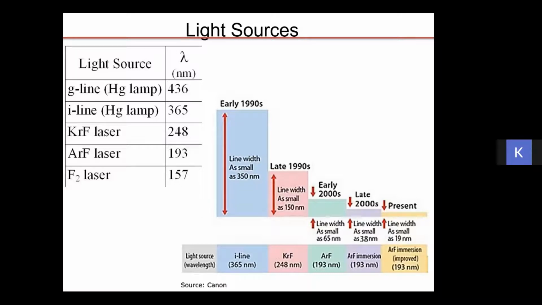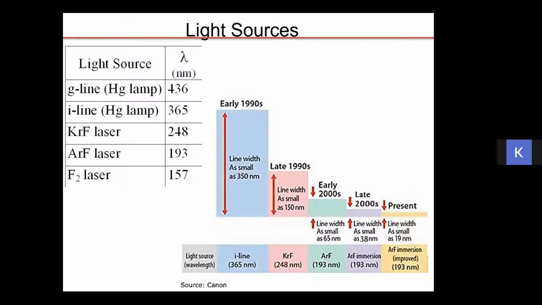Then KrF laser was used, which has a wavelength of 248 nanometer, and using the KrF laser in the late 90s, a line width as small as 150 nanometer was achieved. But obviously the semiconductor industry, as we have seen earlier, has gone down to more miniaturization.